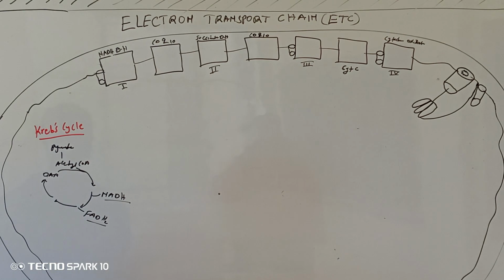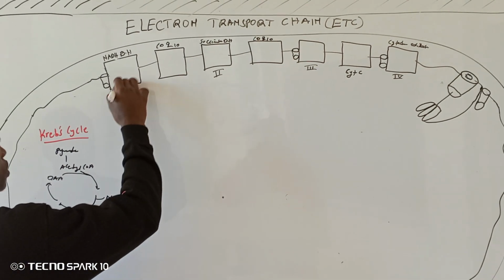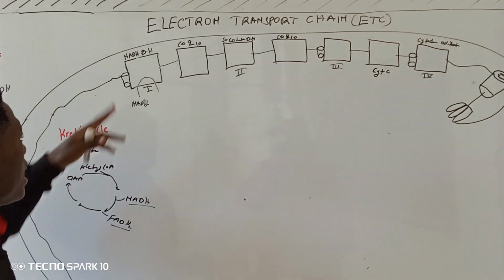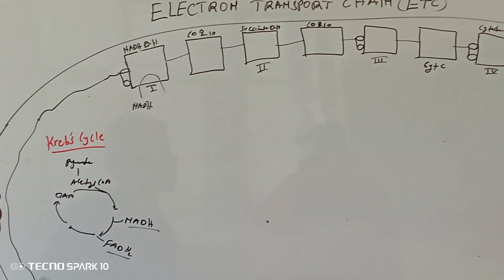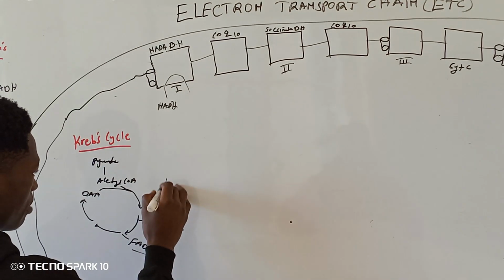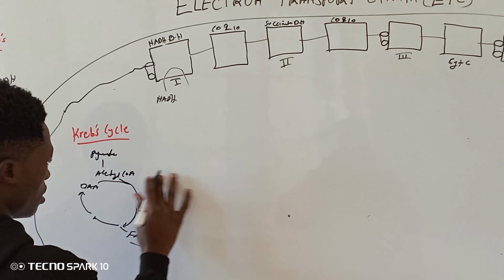Let's start with NADH. NADH is going to come and drop the electrons. Remember, NADH carries a hydride, and as I told you, hydride simply means a proton plus 2 electrons.